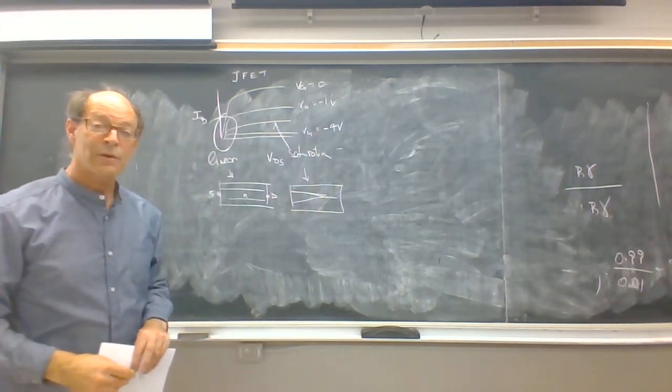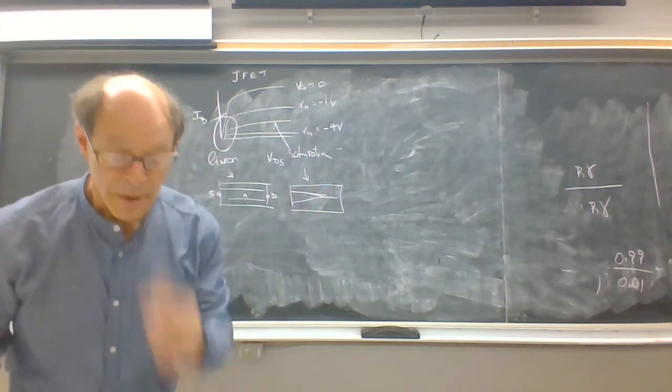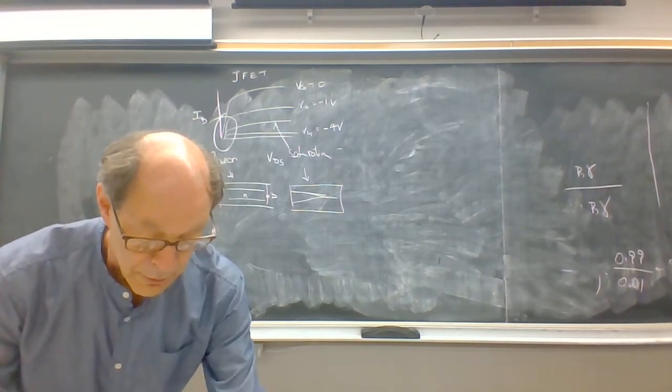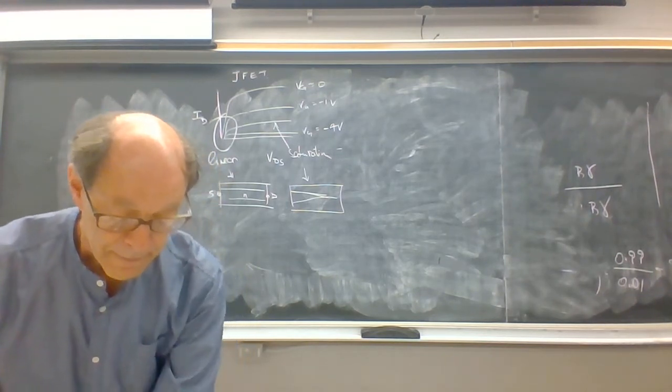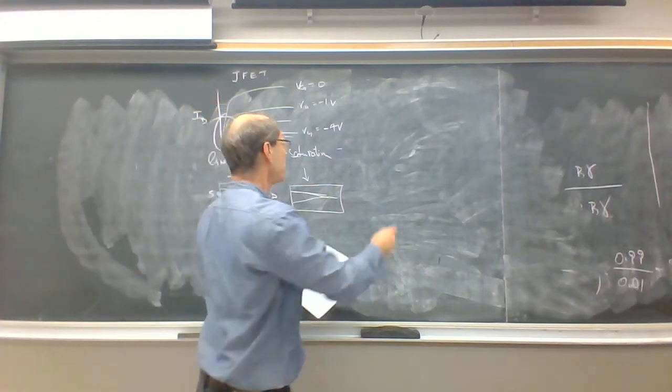Okay, now let's look at a bipolar junction transistor and the way the current voltage behavior looks.